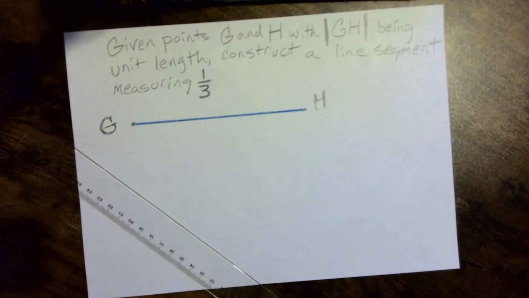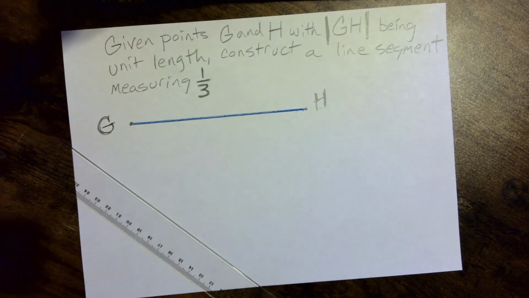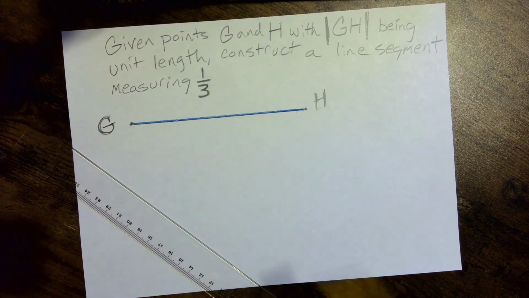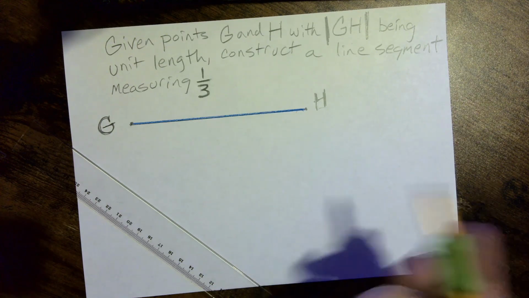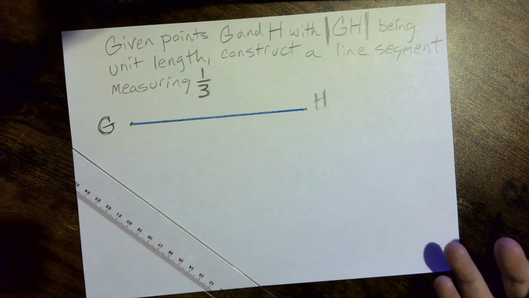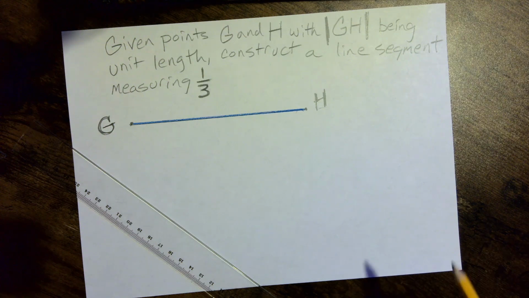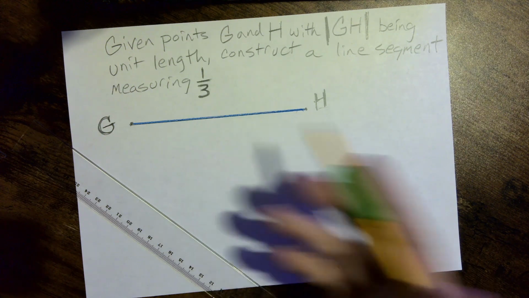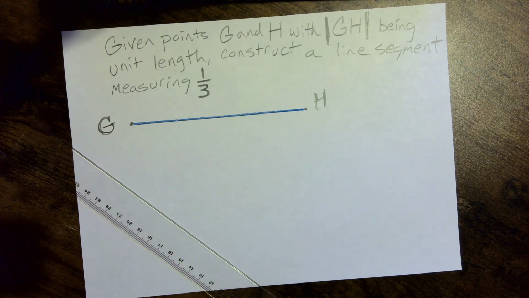I don't know, maybe it's 27 light years or 3,482 kilometers or 7.5 miles, 3 inches, whatever. We're just going to call it 1. And we're going to divide it into thirds, or we're going to find 1/3 of that length.